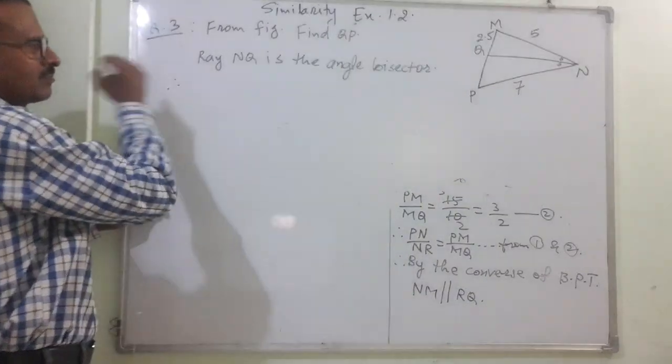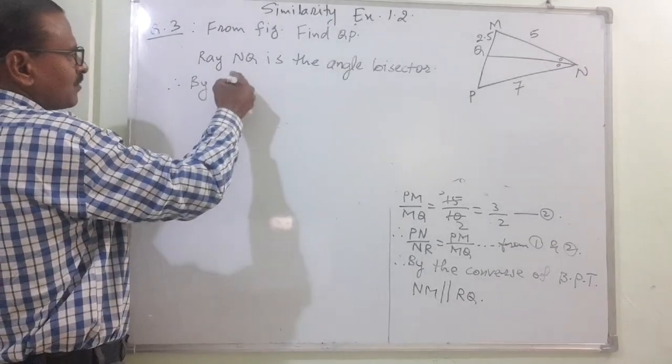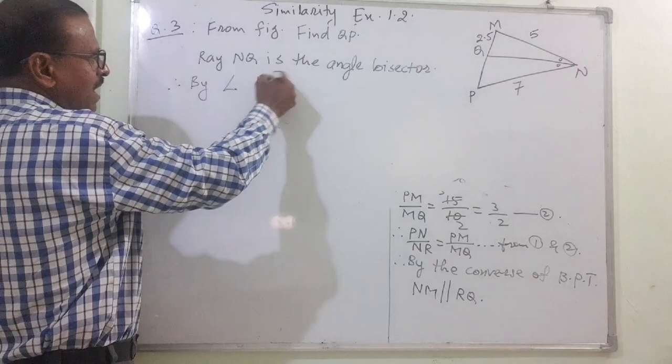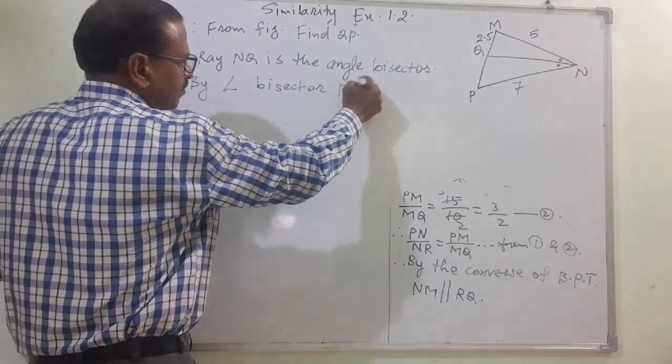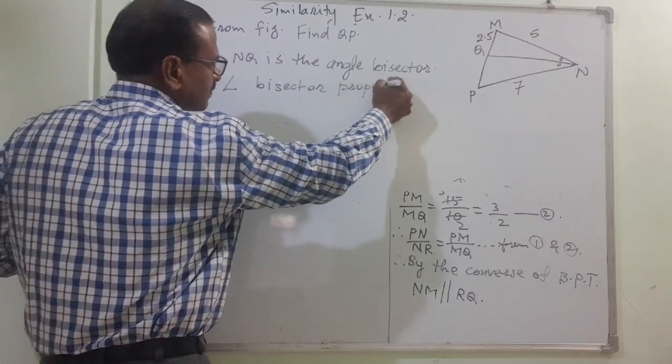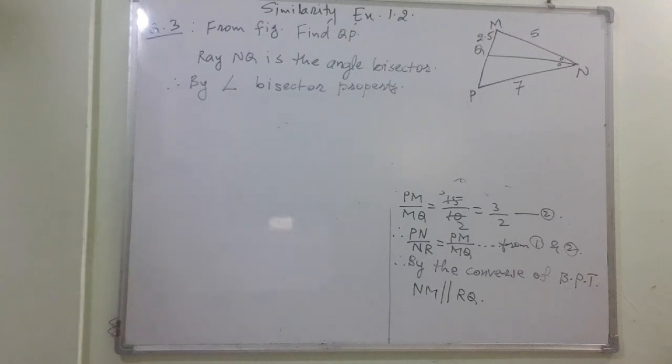Therefore, by the angle bisector property, I will fill the ink. By that time you just complete that. You draw the figure.